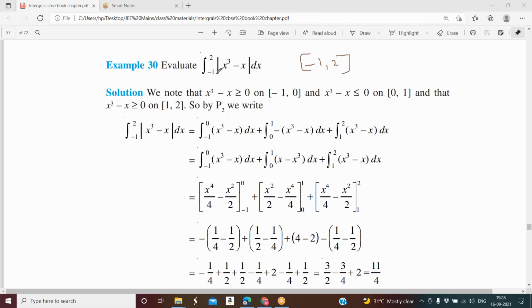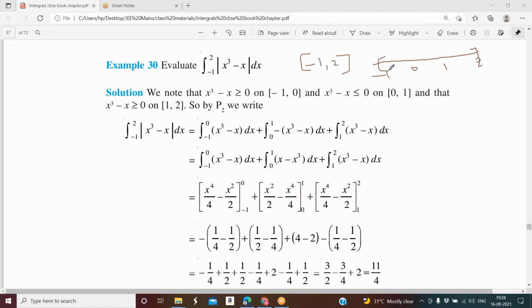This is the given range, x belongs to minus 1 comma 2. This interval is separated into three sub-intervals: minus 1 comma 0, 0 comma 1, 1 comma 2.